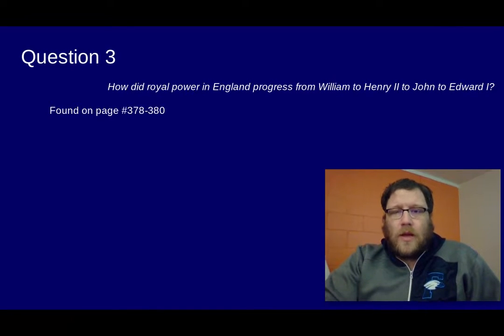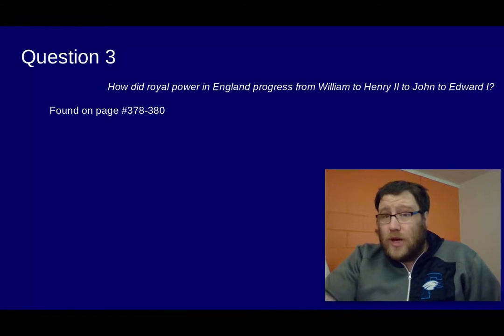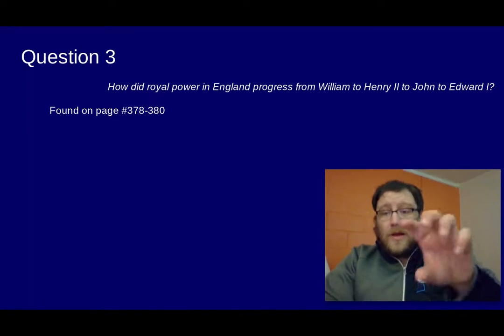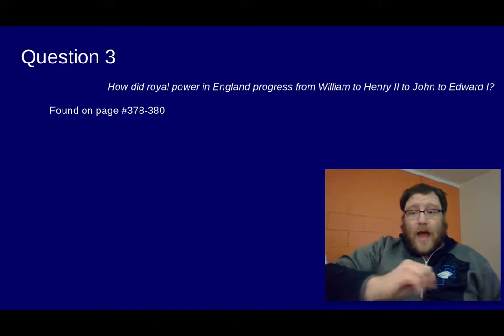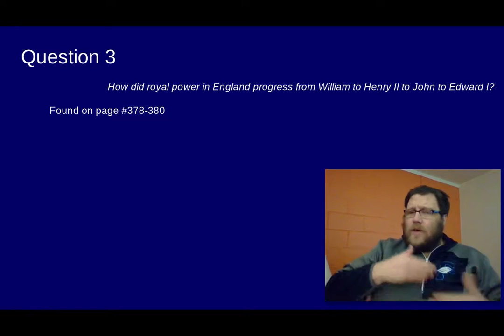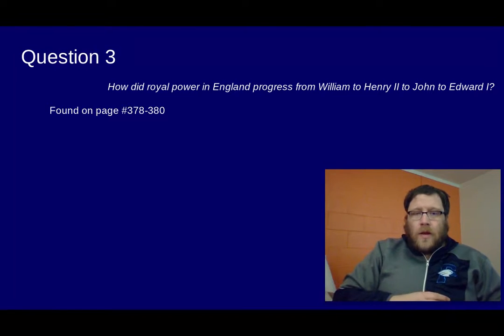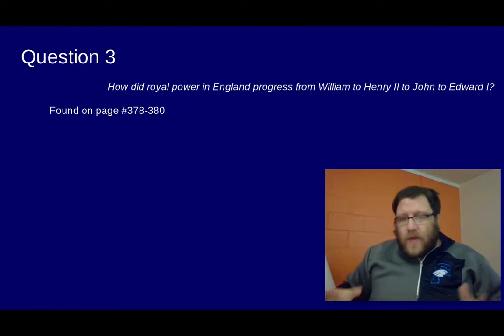Question 3. How did royal power in England progress from William to Henry II to John to Edward? I'm not going to include the text here because this is covered in several pages of your book.